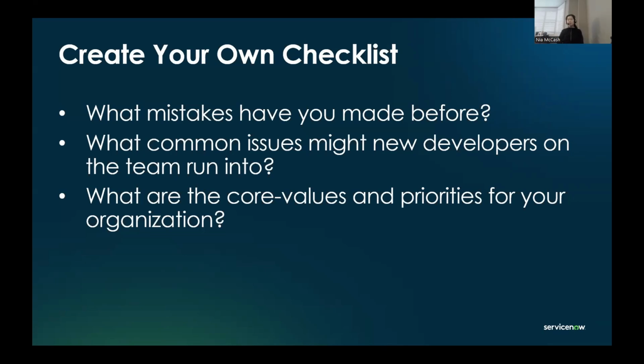And your checklist might also depend on what the core values and priorities are for your organization. If your organization has an agile startup mentality of innovation and fail fast, then perhaps your checklist might be shorter and less concerned with consistency and more looking for new innovative ways to do things, as opposed to an organization that may work in a more regulated environment.